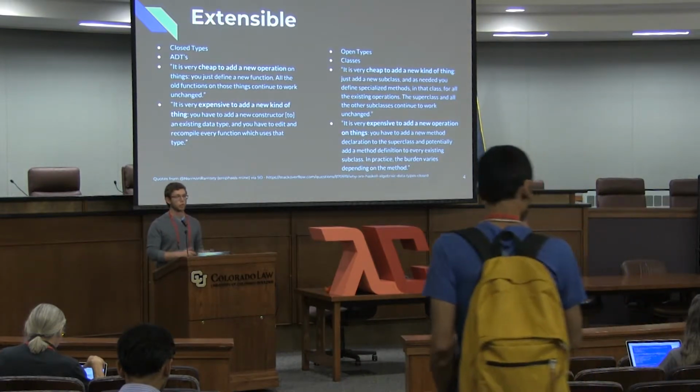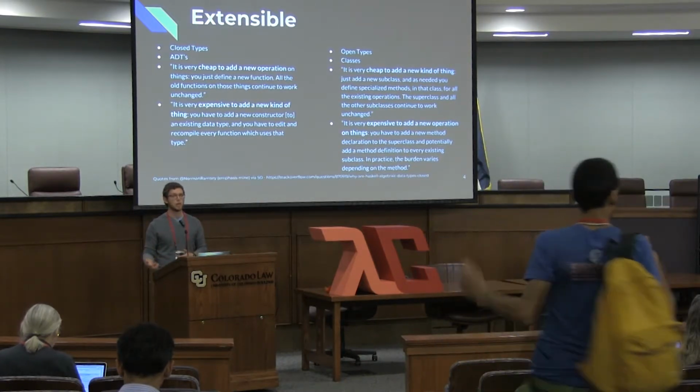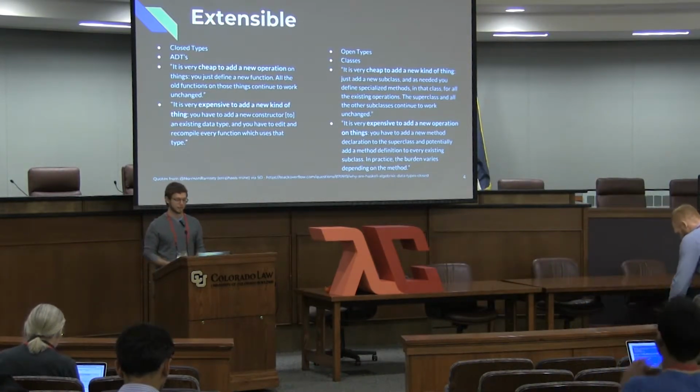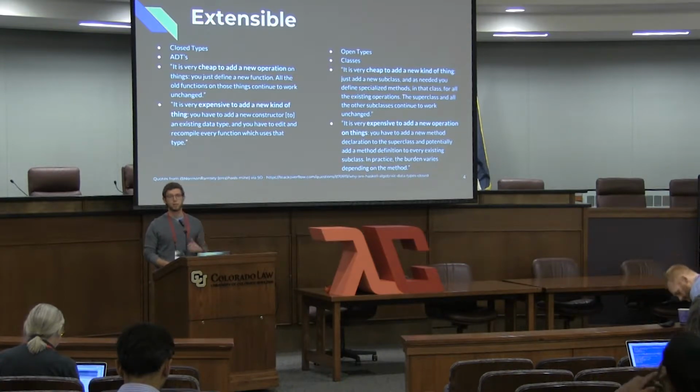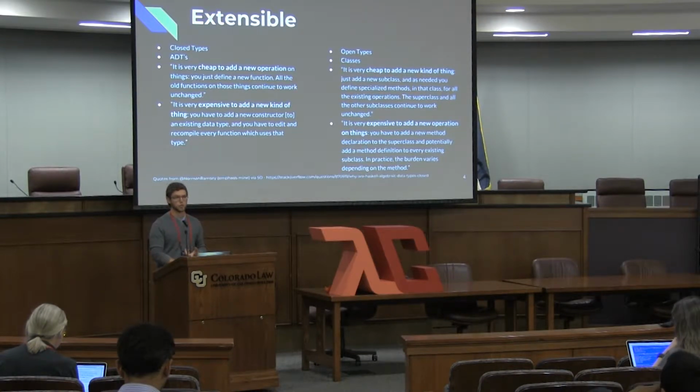A function that works over an ADT is really easy to define. But if you want to add a new type of thing inside of that ADT, you have to go to the definition, change it, add some new constructor, and then recompile all of your code. And that's not to mention that it may not even be possible for you to change the definition, because it could be locked in third-party software, in a library somewhere, or in some part of your code base that you're not allowed to touch.